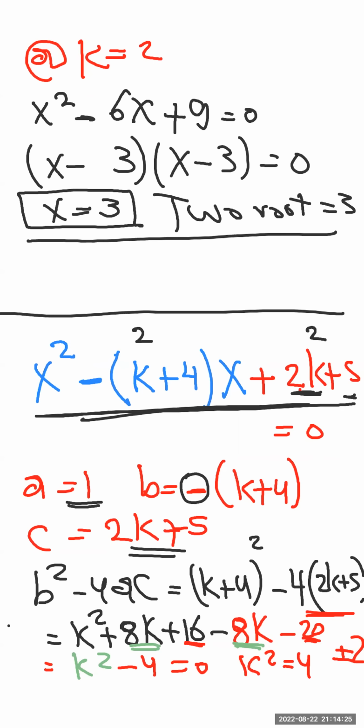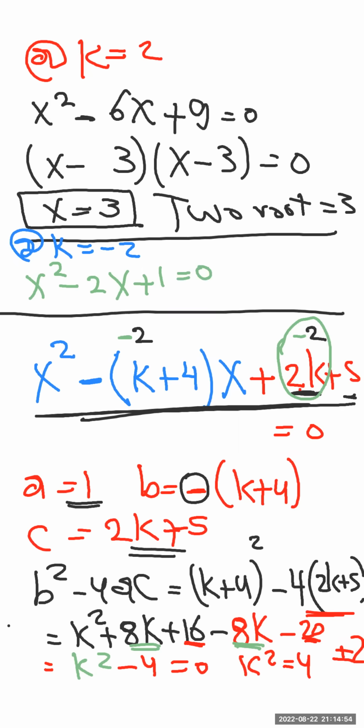At k equals 2. Now, at k equals negative 2, the equation will be x squared. Now here, this one is negative 2. Negative 2 plus 4, 2. So minus 2x. 2 times negative 2, negative 4, plus 5 means plus 1, equals 0.